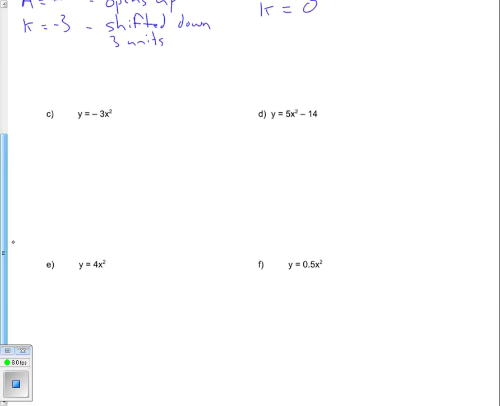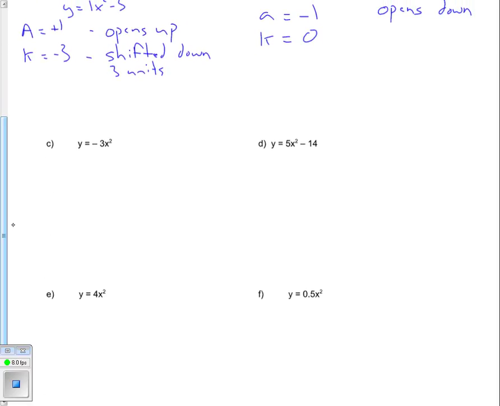If we look at example C, again, let's identify quickly the a value and the k value. The a value is negative 3 and the k value is 0. So does it open up or down? Because the a value is negative, it opens down.